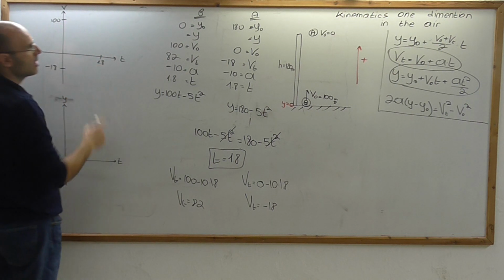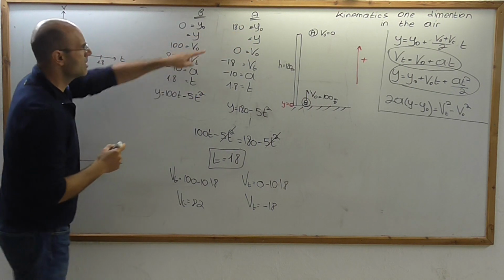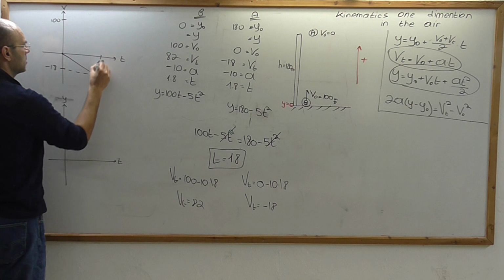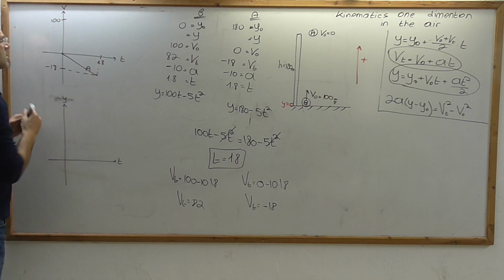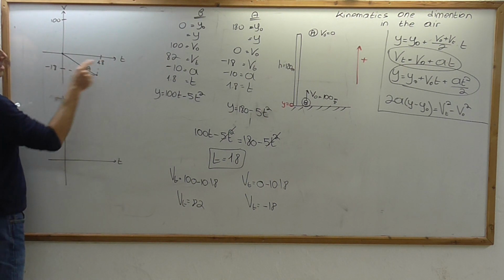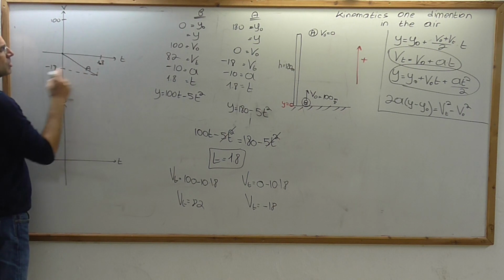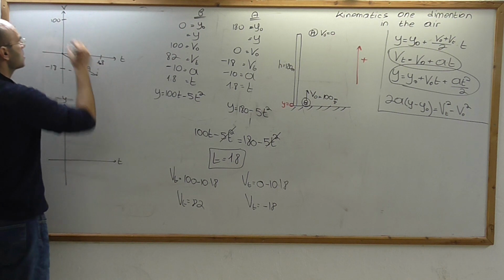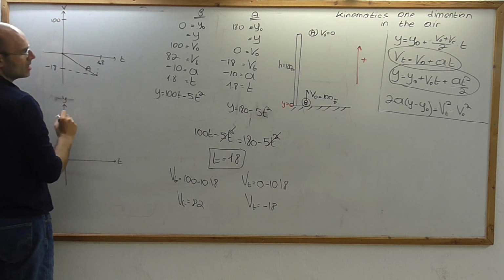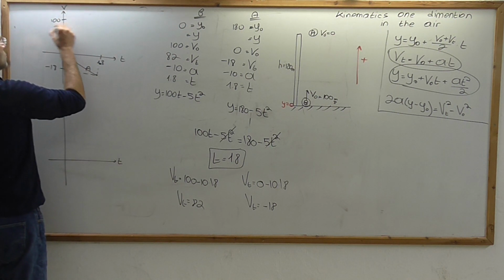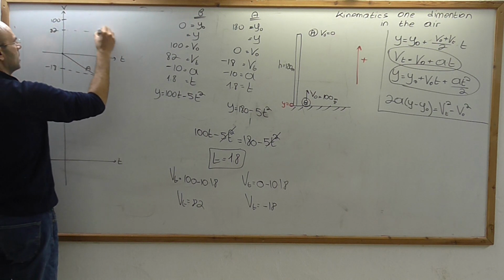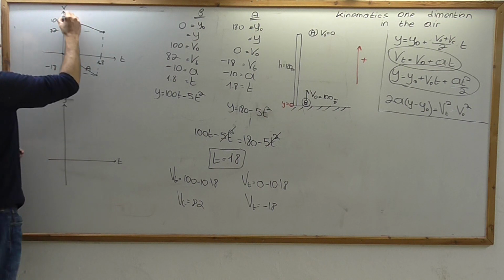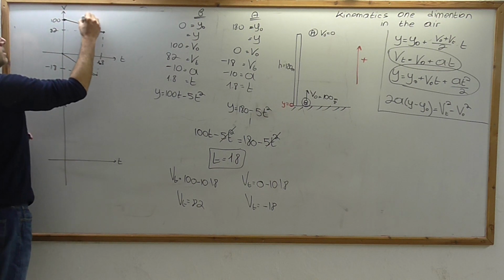So, the A, it started from 0 to minus 18. This is the graph for A. Okay, it started from velocity 0, and in 1.8 seconds, it reaches the velocity of minus 18. The other one started at 100, and it finished at 82. Okay. So this is the graph for B.